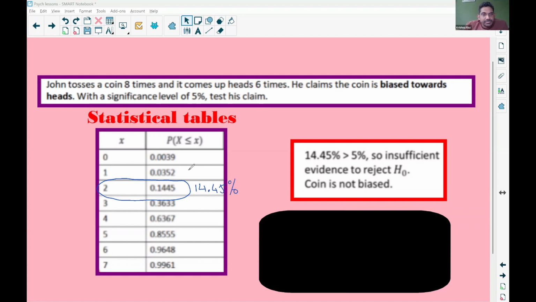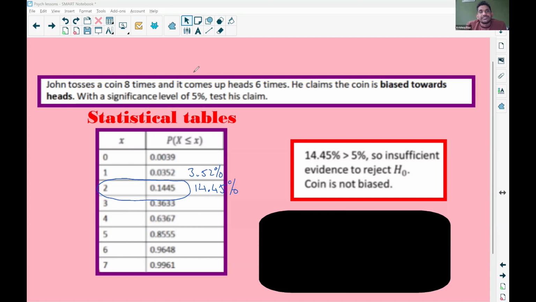And the percentage before it was 3.52%. So what this is saying is there's a 14.45% chance of two heads, sorry, two tails coming up when we toss the coin 8 times.